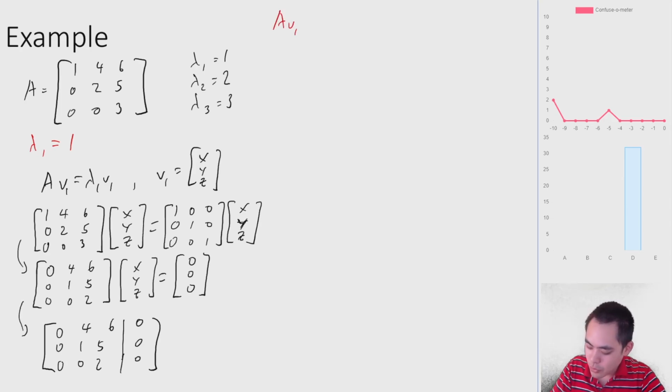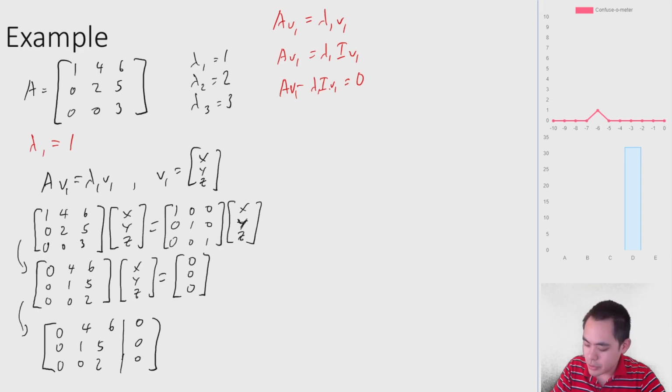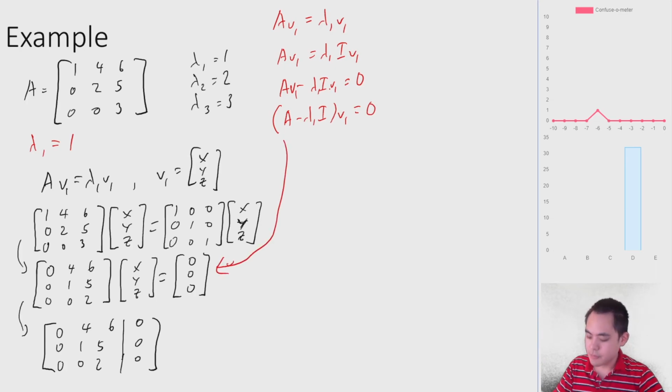So we have A v1 is equal to lambda 1 v1. That means what we wrote is A v1 is equal to lambda 1 I v1. Then we can move it over to the side, so we have A v1 minus lambda 1 I v1 is equal to 0, where 0 is a 0 vector. Then we combine together A minus lambda 1 I times v1 is equal to the 0 vector, and that is precisely that there.